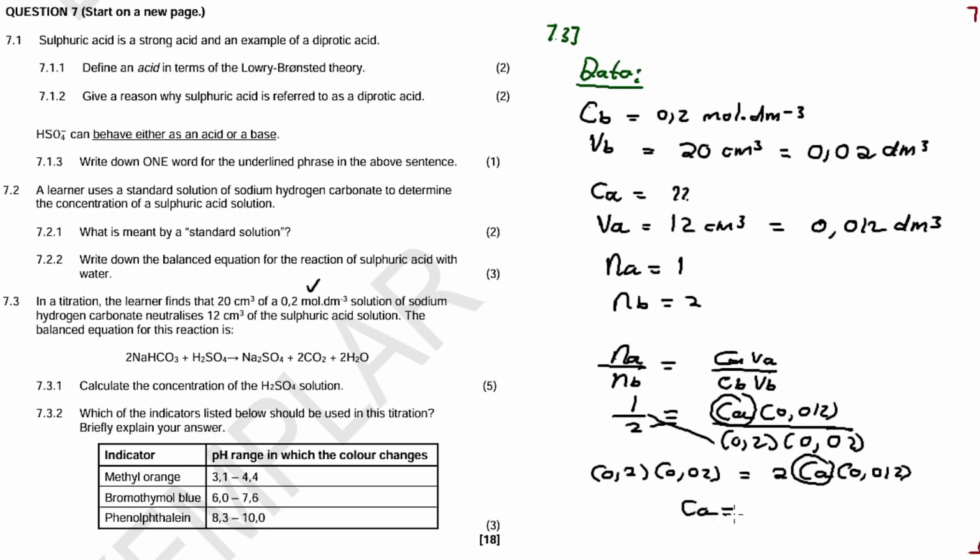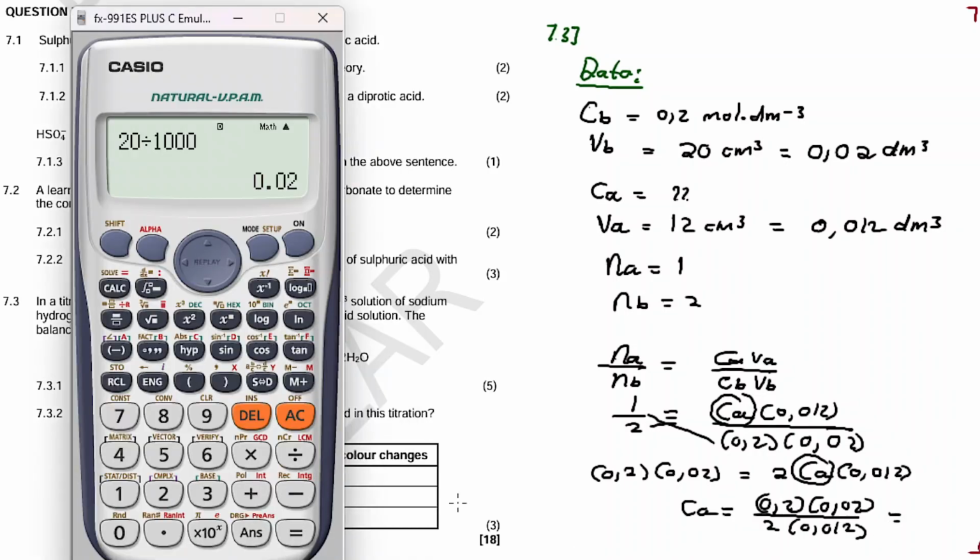So Ca is equal to 0.2 multiplied by 0.02 over 2 times 0.012.